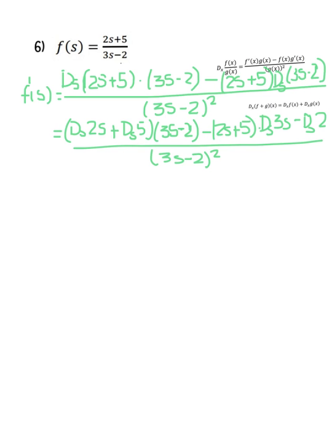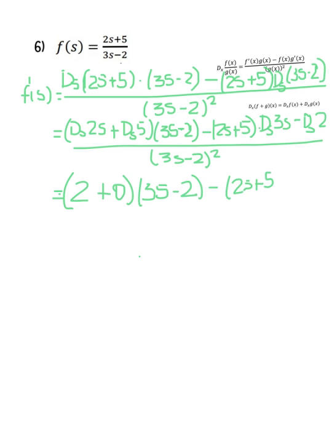Okay, continuing doing this, the derivative of 2s is going to be 2, plus the derivative of 5 is going to be 0, times 3s minus 2. I'm sorry about my handwriting, but this is not too easy to handle with this application.